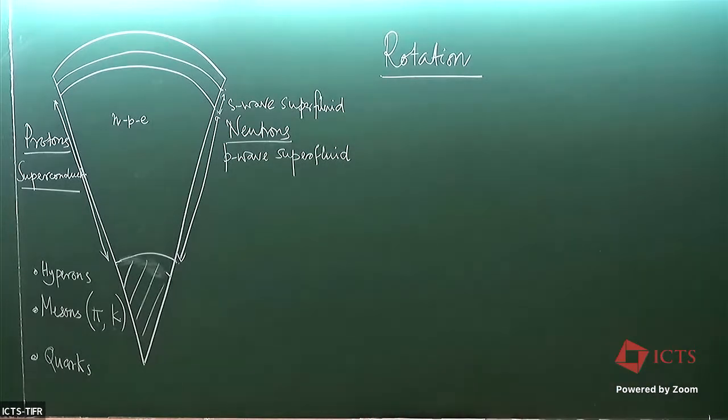So as we know, a superfluid cannot have bulk rotation. Not possible. It's a pure quantum state. If you take a closed path, the whole state is described by a single wave function.